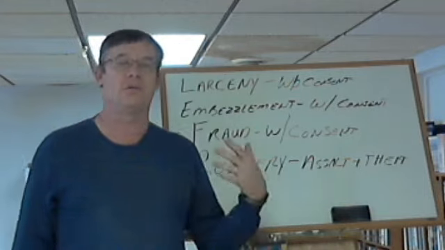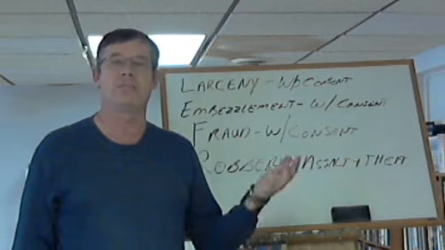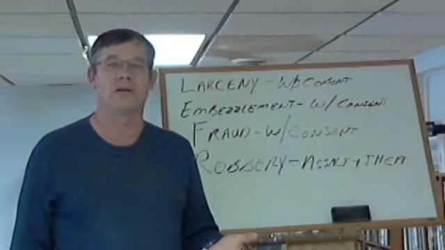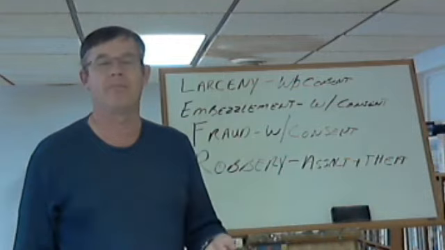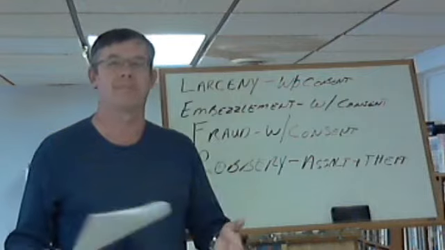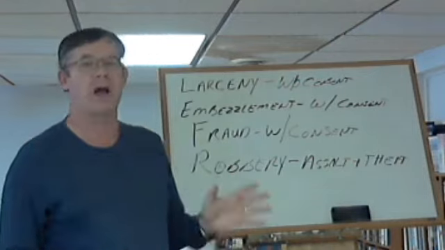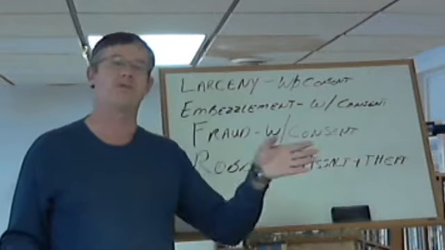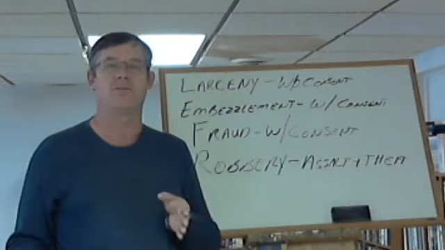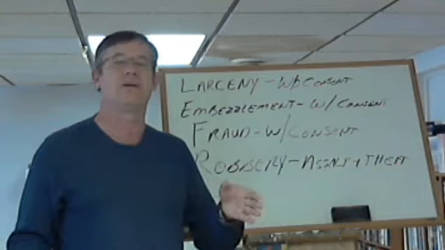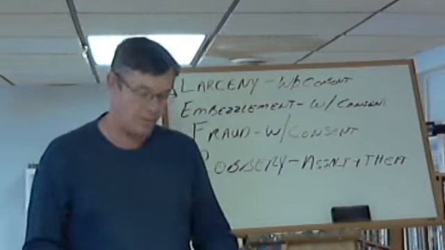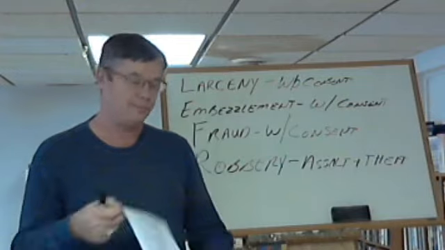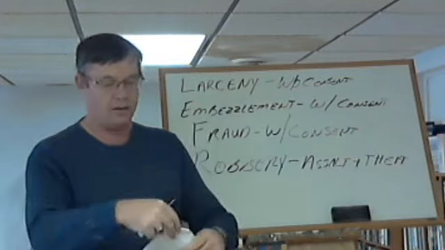Another part will be use without a weapon. There might be a robbery level where somebody's been injured. But the basics of robbery haven't changed a whole lot. It's still a threat or use of force to take property directly from an individual, with intent to permanently deprive them of that property. Okay.